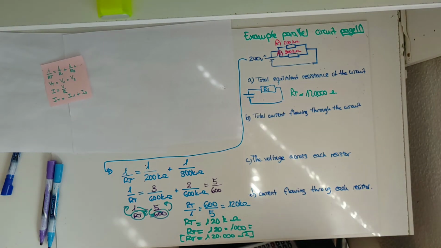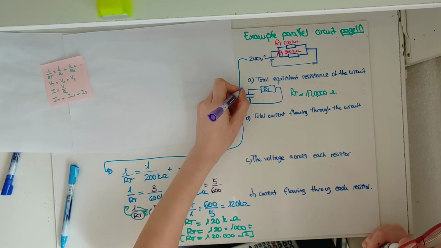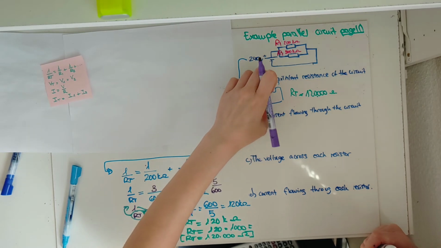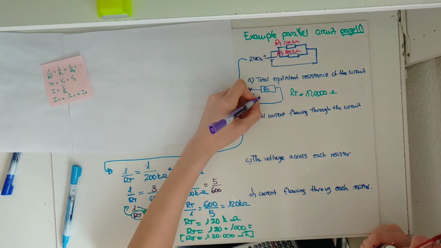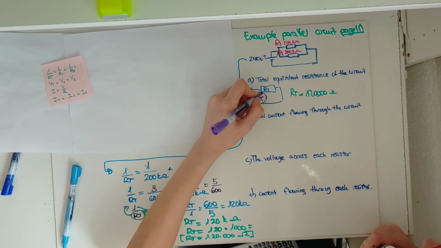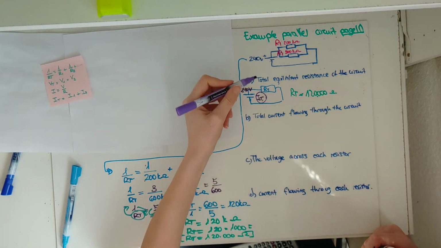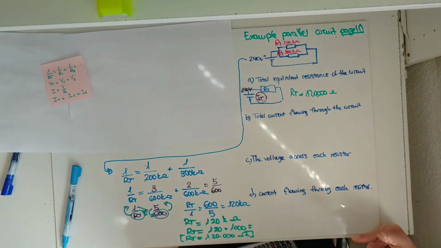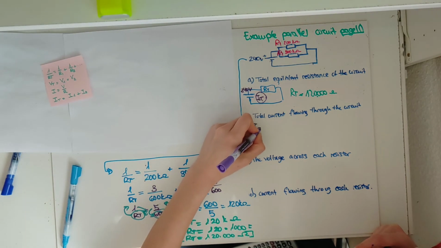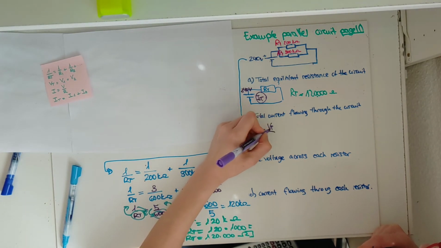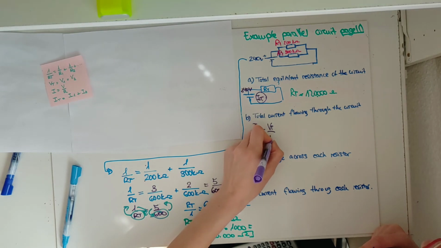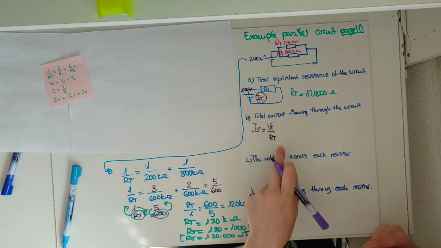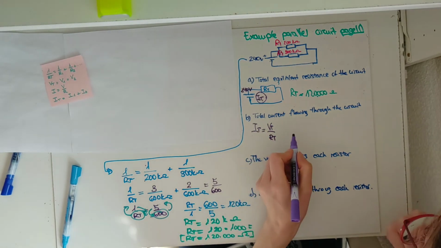B. Total current flowing. Total current, we are in the total values, okay? So, total current flowing through the circuit. I know two parameters, so I can calculate this relating with the Ohm's law. Can you see the parameters are total of all of them, okay?